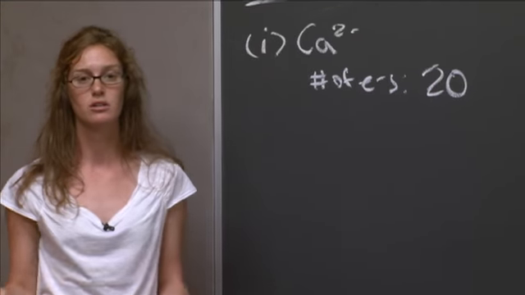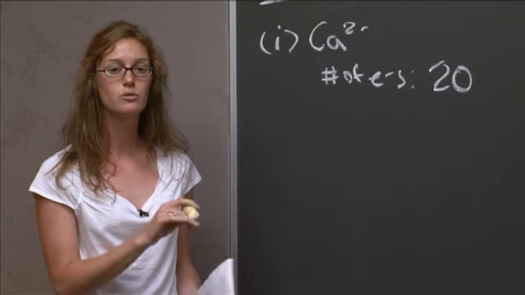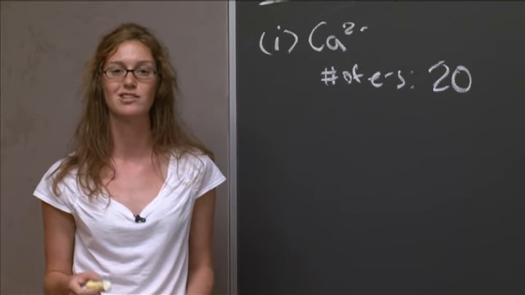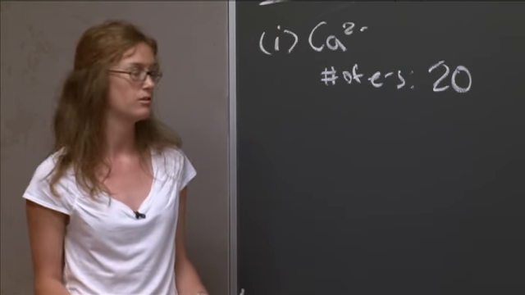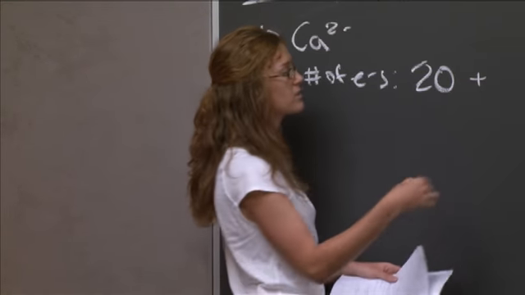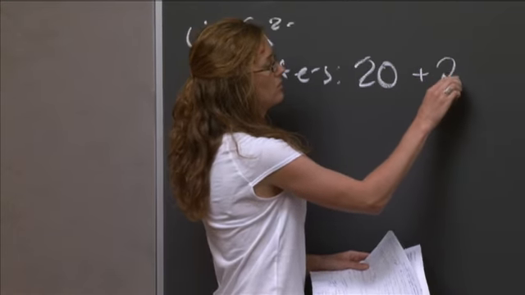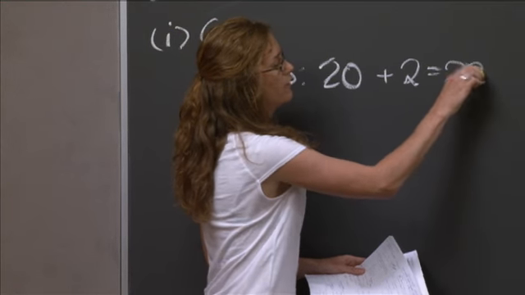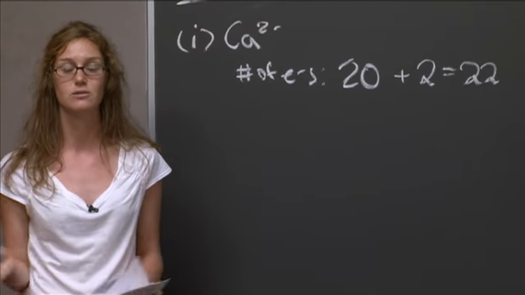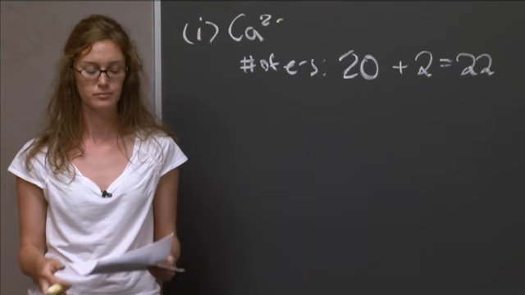So calcium with no charge has 20 electrons. The 2- tells us that it has 2 extra electrons, right? Because electrons have a negative charge. So we have a total of 22 electrons that we need to assign into orbitals.